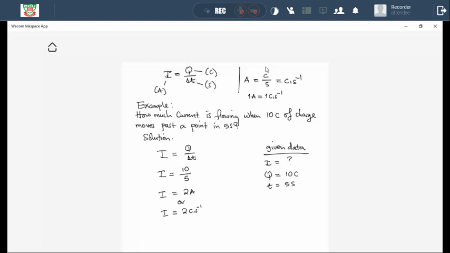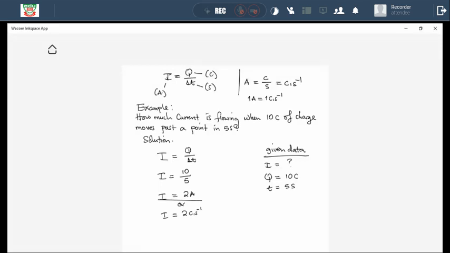That is the calculation that we have, and that is how we can calculate current. So our current is 2 ampere, and we have used the formula that has assisted us to calculate current.